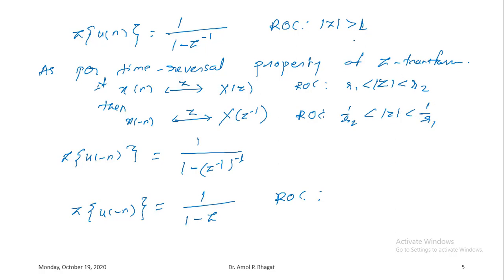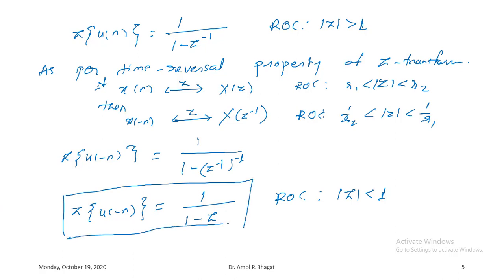Sending it as 1 upon R1, it will be simply mod z less than 1. Mod z less than 1 will be the ROC for this z transform of u of minus n. This is the required z transform as per the time reversal property.